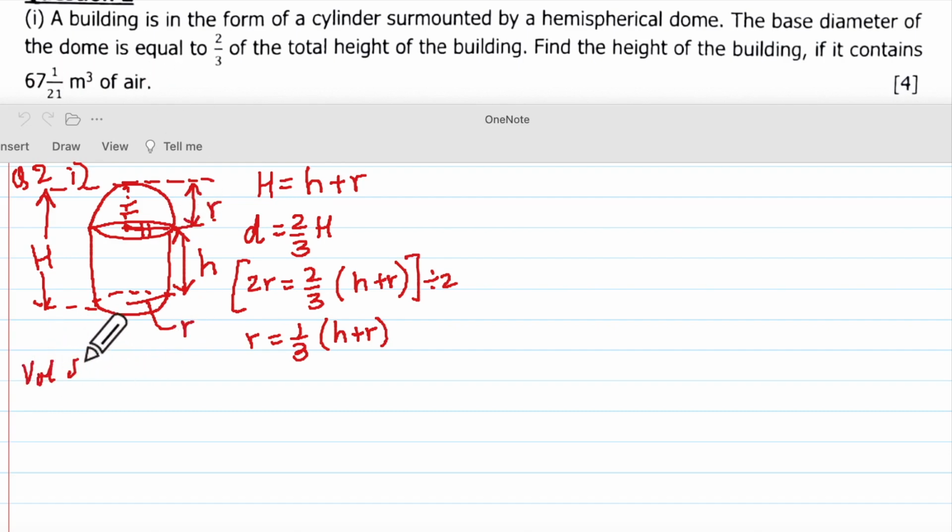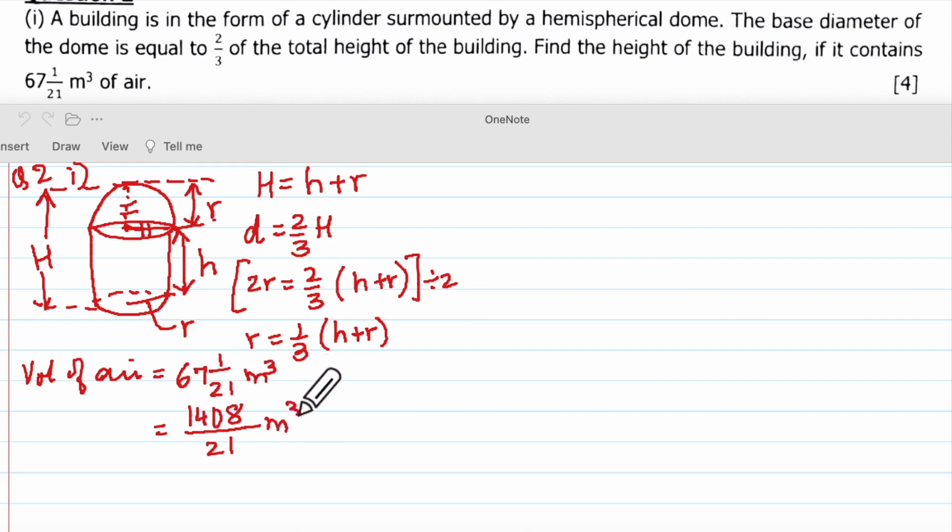So volume of air, can you just tell me how much did you get here? What upon 21? It is 1408. Was it 1408? Come on, you have written it down. 1407 plus 1 means 1408, correct? Now volume of air is going to be volume of the cylinder, correct?